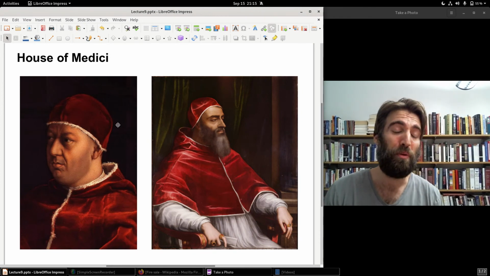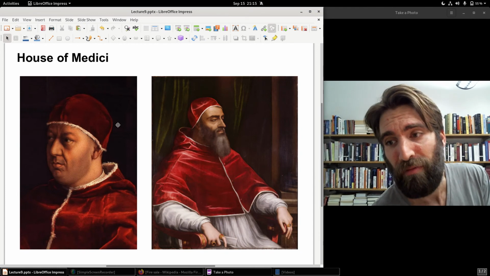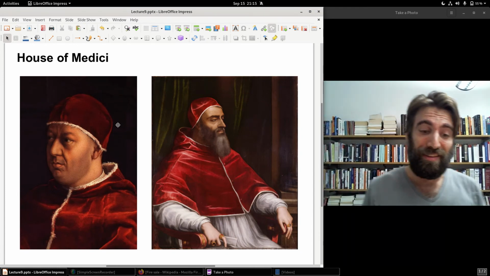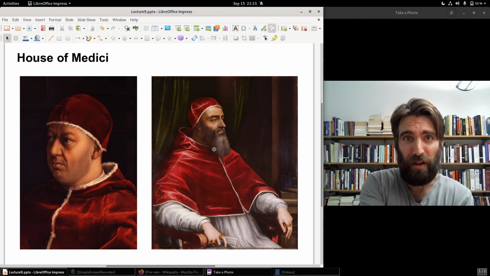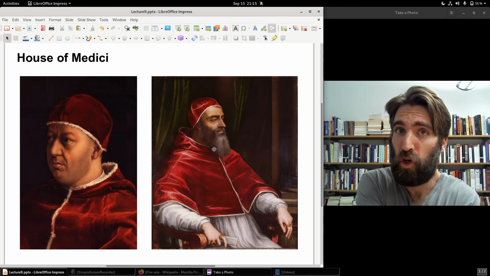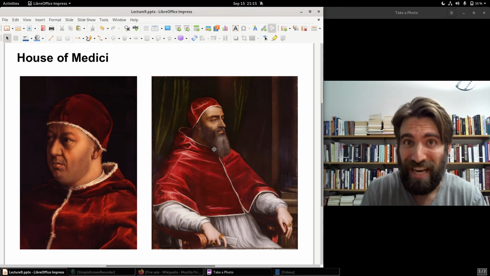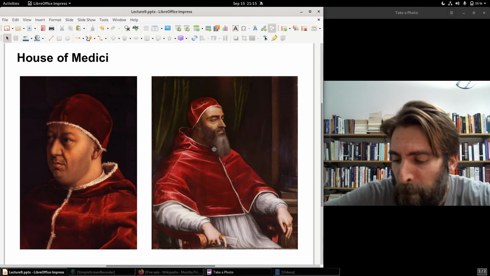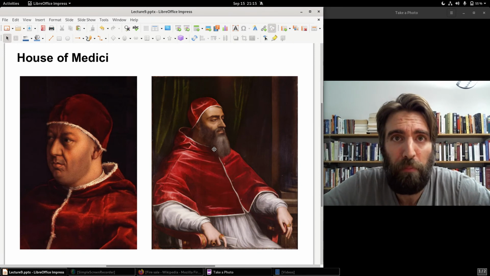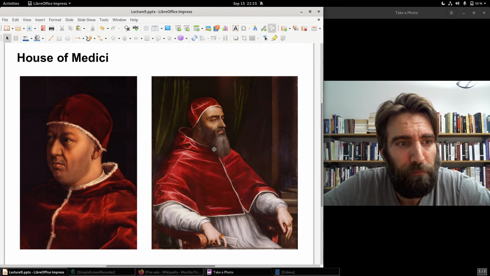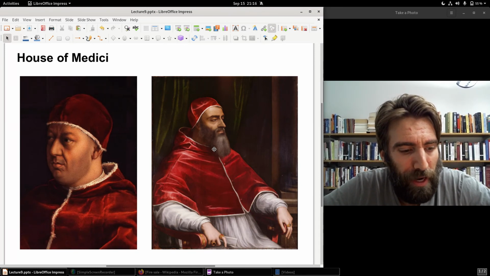Pope Leo X, by the way, was the Pope when Martin Luther posted his 95 Theses. Then Clement VII followed Pope Leo X shortly after. So you have a succession of Medici popes. You can see why Martin Luther and many other people at the time believed that the Catholic Church had become corrupt beyond repair.